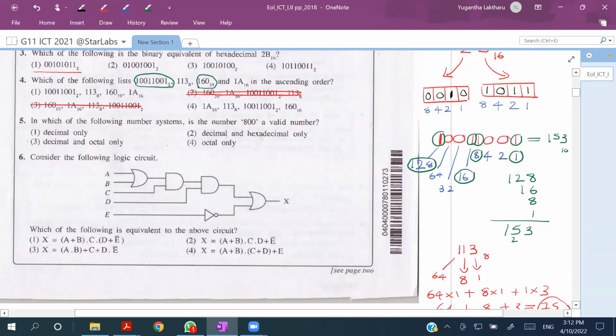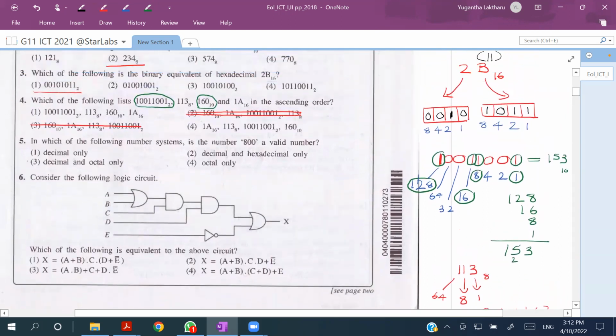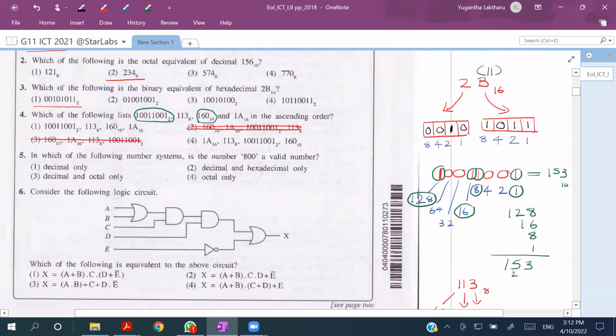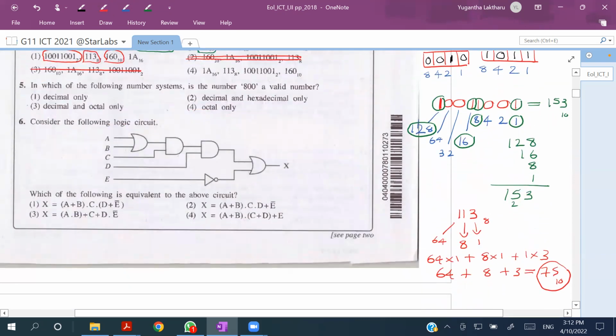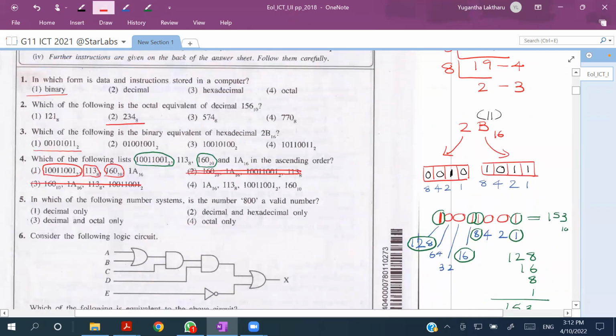So it is way smaller than the 160 and 153. That will make a conflict over here, because this is 153, this is 160, and in between the 75 is there. So definitely that's not going to be the answer. So definitely the fourth one is going to be the answer.